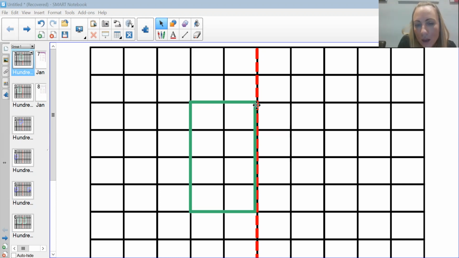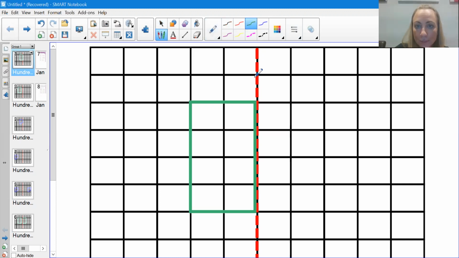When I reflect a shape, it needs to be the same distance from the mirror line as the original shape. So if I'm going to reflect this shape here, it has to be exactly the same shape. I'm going to get my green pen, and this is right next to the mirror line. So therefore, this shape has to start from the mirror line.